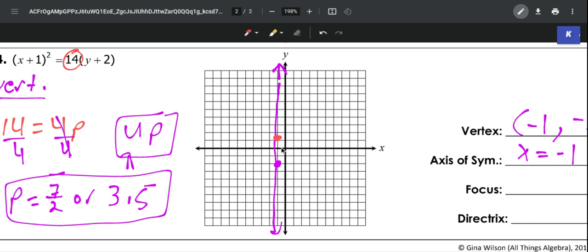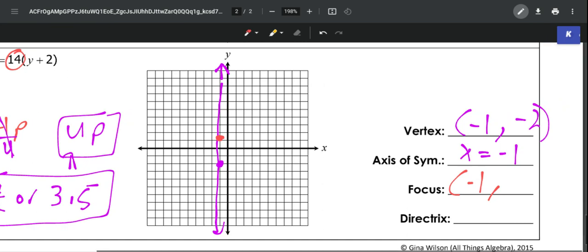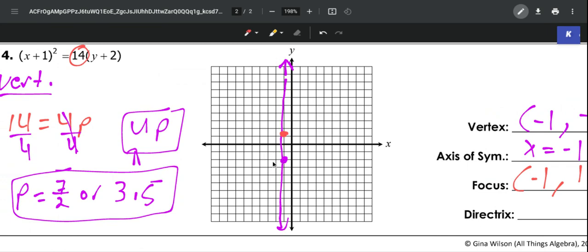So that ordered pair would be (-1, and then it would go up, what, 1.5 maybe? Yeah, so it would go up 1.5. And then our directrix is just going to go 3.5 units, but in the opposite direction.